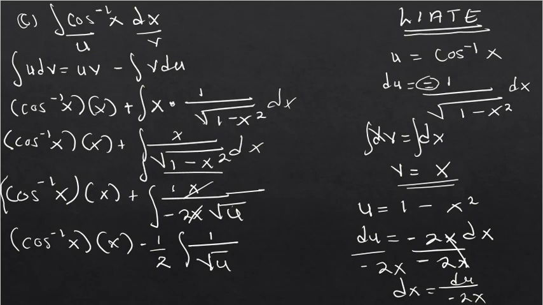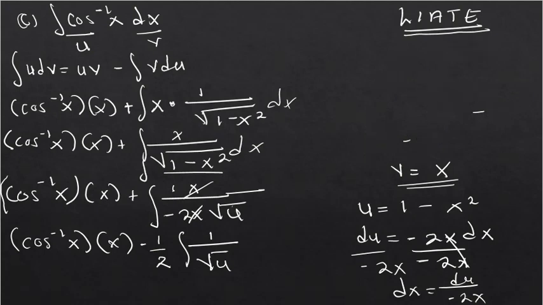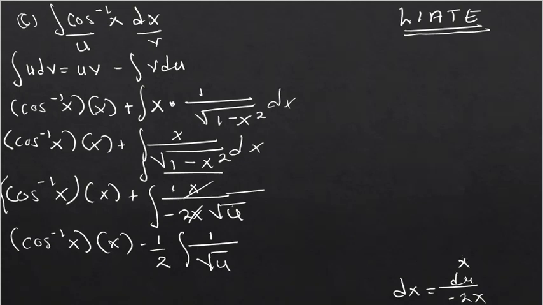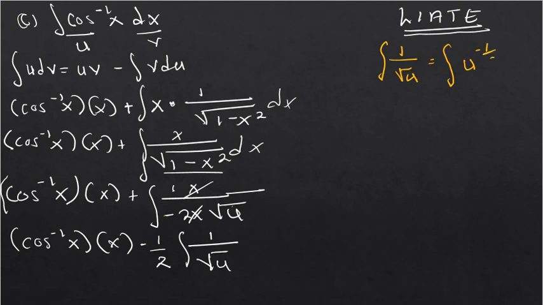If you remember on the previous question, the integral of 1 over square root of u is the same as the integral of u power negative 1 over 2.